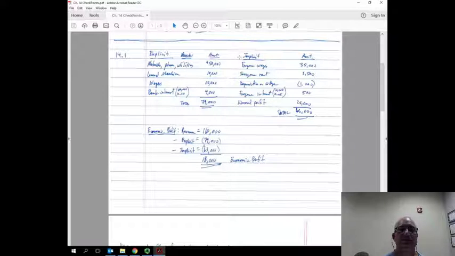Now the implicit costs, the opportunity costs, are first foregone wages, the 35,000 that he could have made in his programming job, the rent that he would have made had he not stopped renting out his cottage and using it for a factory. The depreciation on the cottage is a negative as far as implicit costs go.